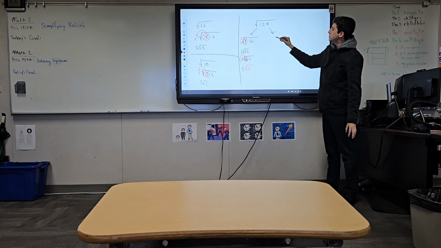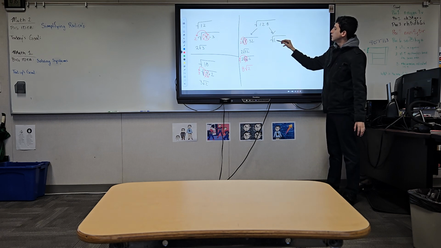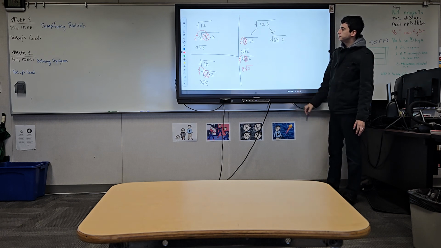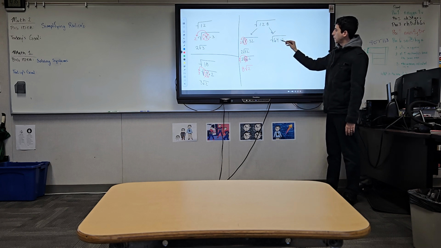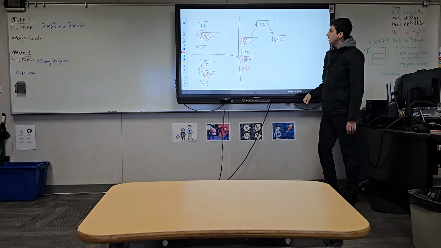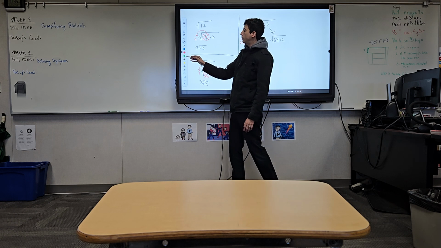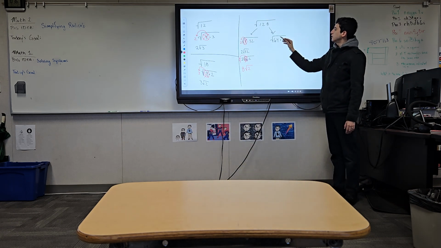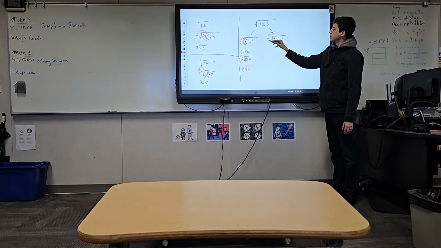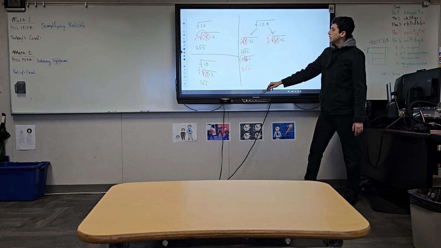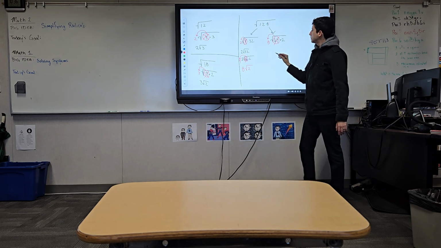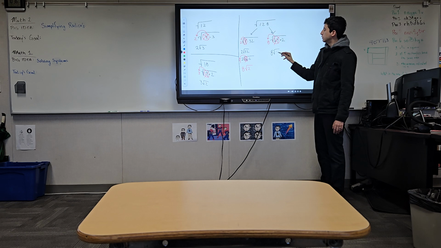So option 2 is we could have broken this down into 64 times 2. And the square root of 64 is 8. And that gives us our answer, 8 root 2.